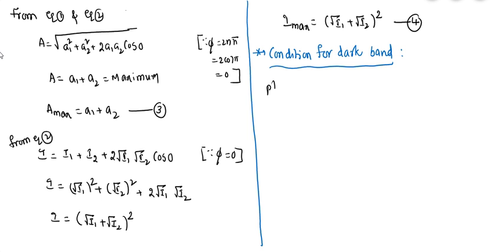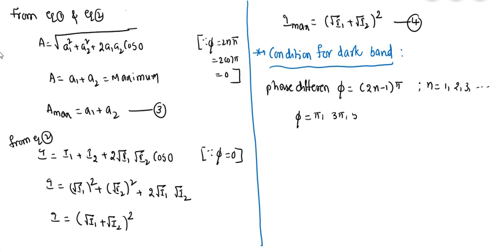The phase difference should be equal to n minus 1 by 2 into 2, that is 2n minus 1 into pi, where n values are 1, 2, 3, and so on. This is nothing but the phase difference should be equal to pi, 3 pi, 5 pi, and so on.